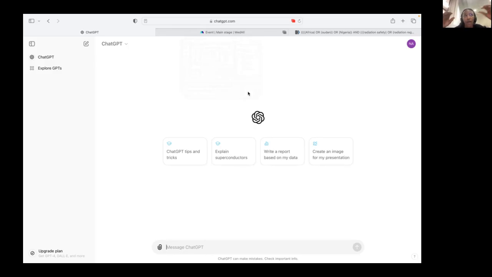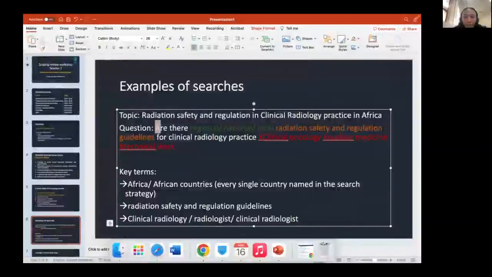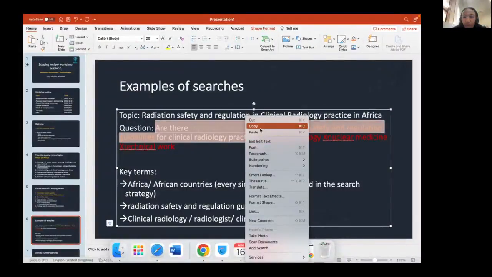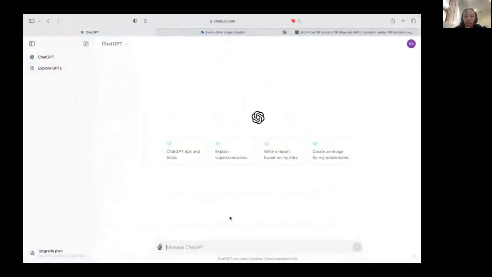Maybe it would be better if you have a very well formulated research question, and then this could help you identify what key terms you could use, and sometimes even which search strategies or search terms you could use. So I'm just writing a prompt.